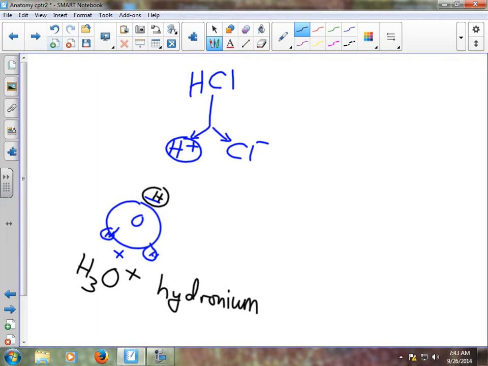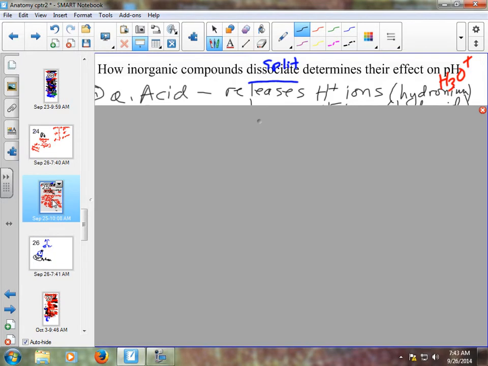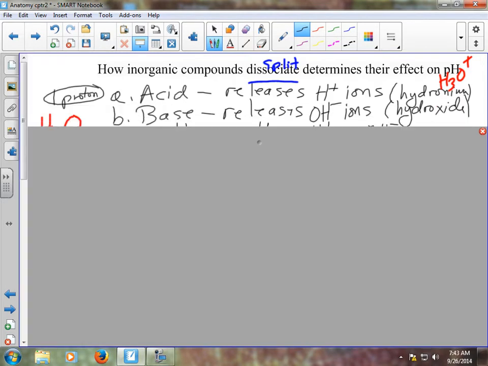It's kind of a domino effect. Now what we say pH is a measure of this. We're all right so far? It's going to start getting a little bit crazy. So that's what acids do.